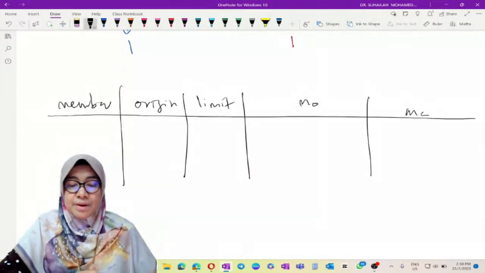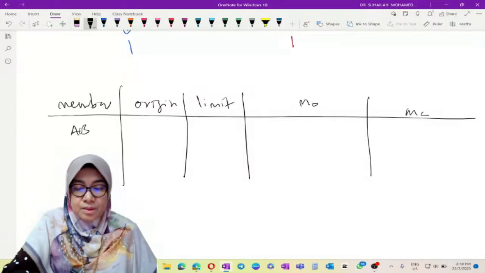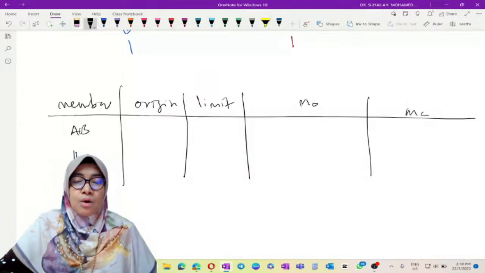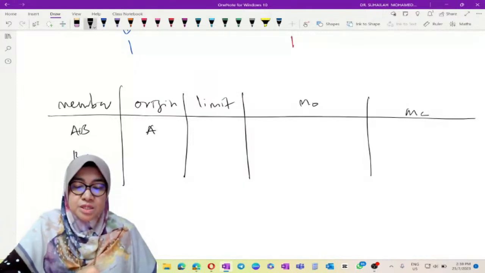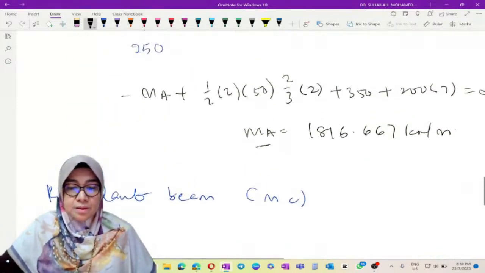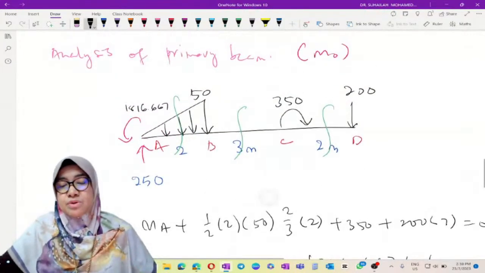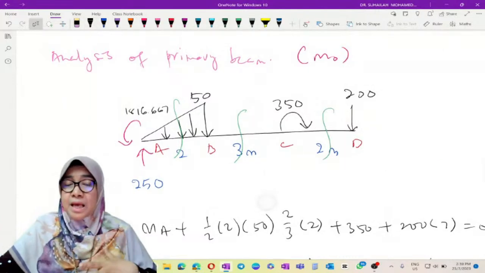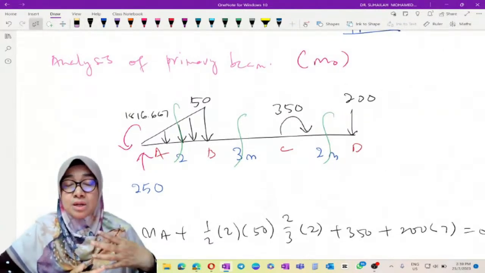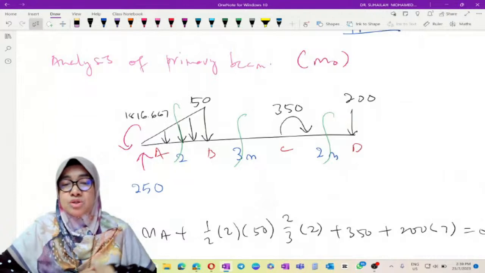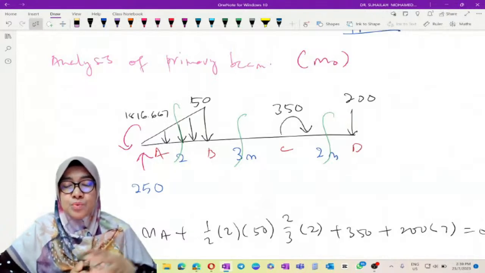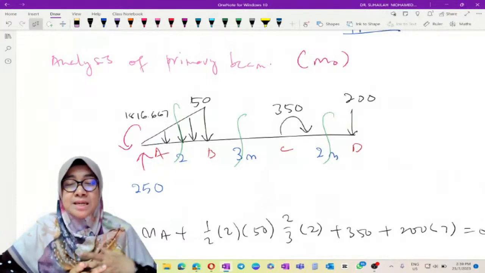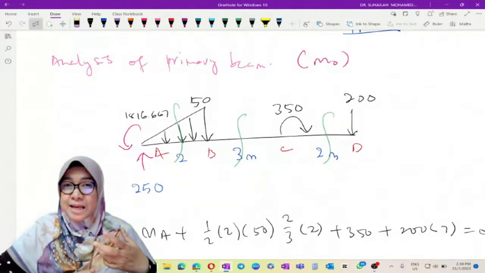We have member AB, member BC, and member CD. For AB, the origin we choose is A. But for BC, I don't want to choose A as origin because of the triangular load. Normally we choose the origin which gives us the easiest cutting section.